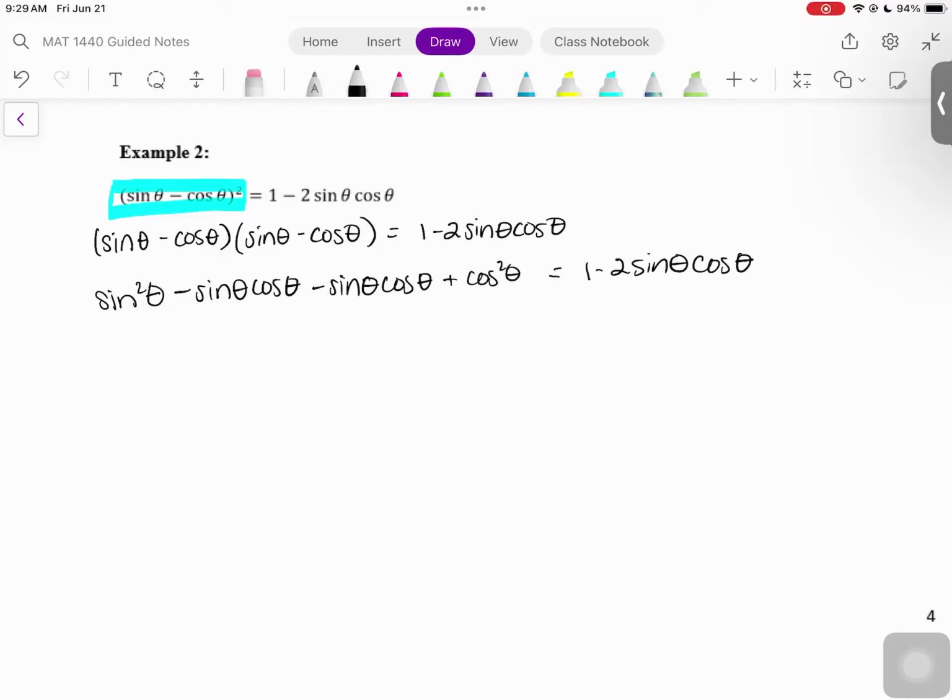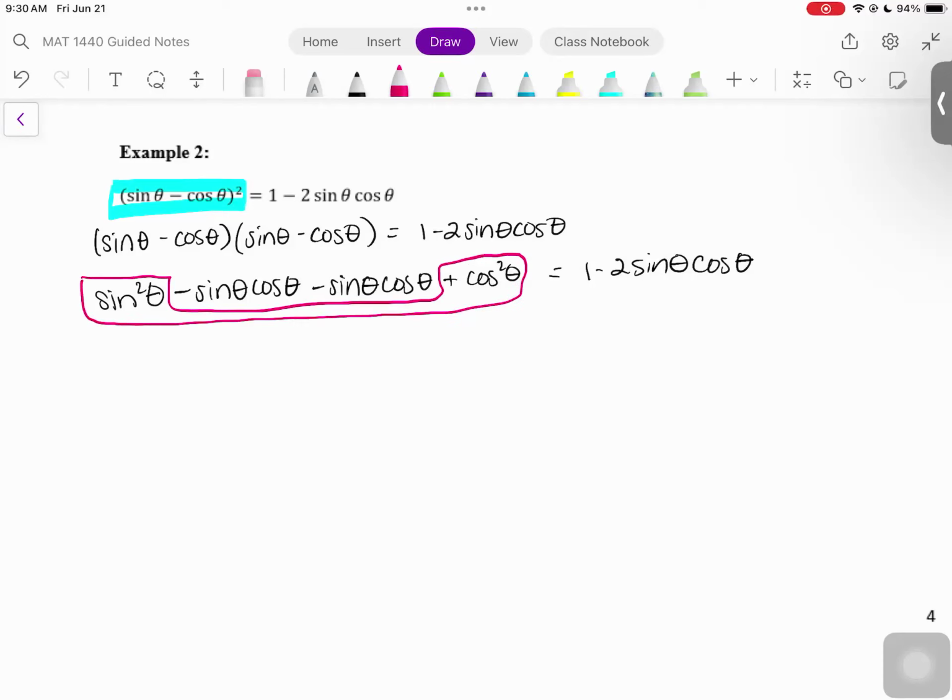In my next step, I'm going to do two things because one is algebraic and one is trigonometric. So I'm going to do both of them because I think that the algebraic one is a little more obvious. So the trigonometric substitution I'm going to make is that I've got sine squared theta plus cosine squared theta.